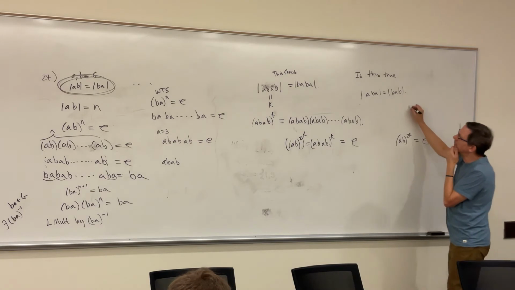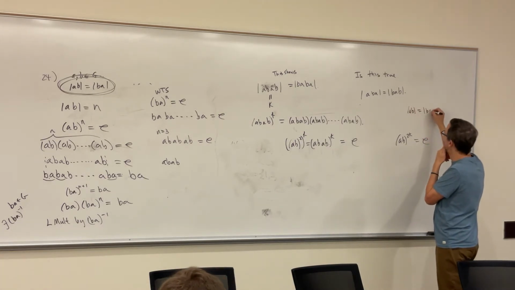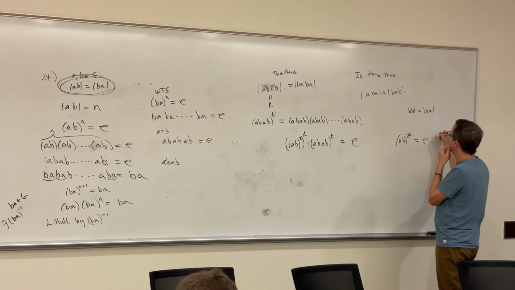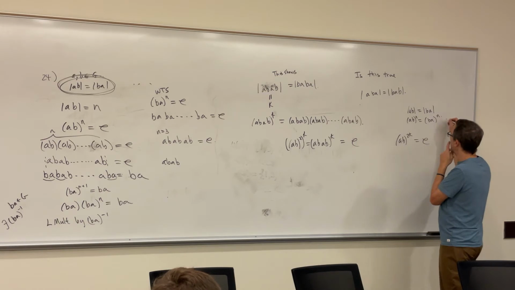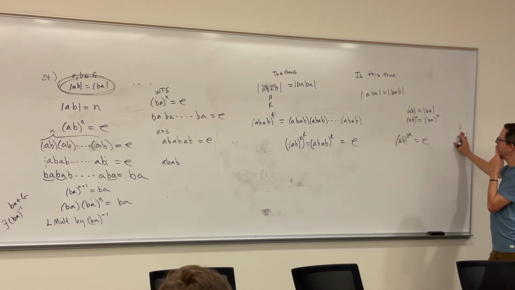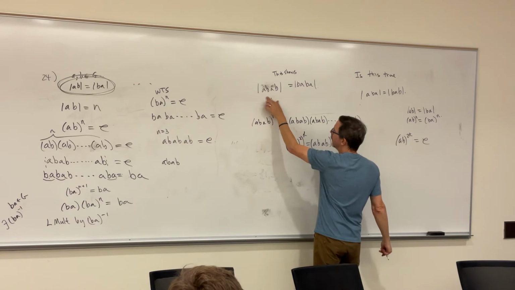And we know that the order of AB is equal to the order of BA. So it means AB to the N. Yeah, when n is even, it seems pretty straightforward that the order of each of these would be n over two.